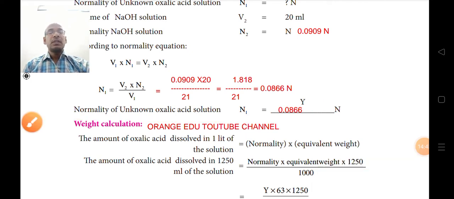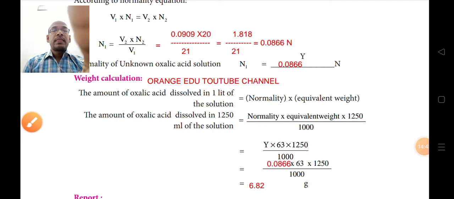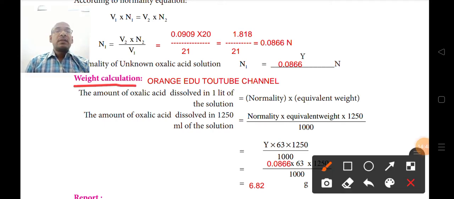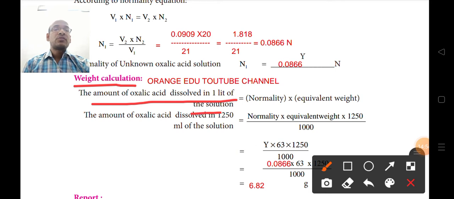Next, weight calculation. The amount of oxalic acid dissolved in 1 liter of solution is given by the formula normality into equivalent weight.